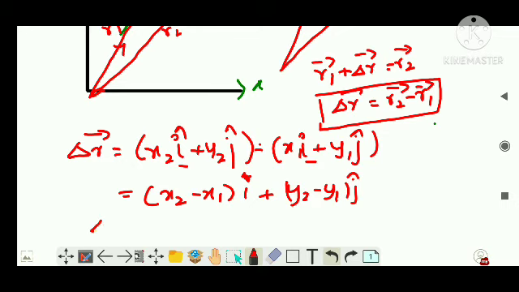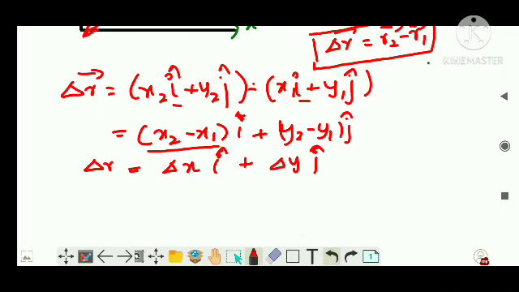Clear? So x2 minus x1 is the change in position along the x-axis, so I will write it as delta x i cap, plus y2 minus y1 is the change in position along the y-axis, so I will write it as delta y j cap. So the last formula: delta R is equal to delta x i cap plus delta y j cap.